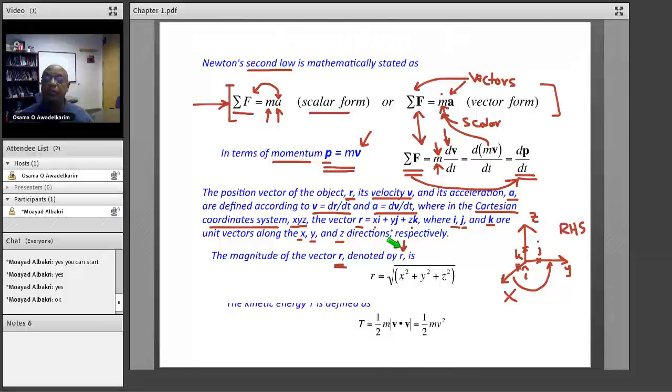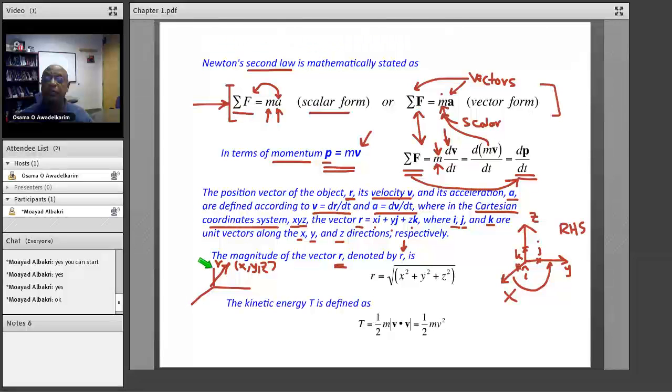So this length of a vector r is actually the square root of x squared plus y squared plus z squared, meaning if we have this coordinate system and we have some point here, which is a point x, y, and z, and then we have a vector from the origin to this point, and this vector is vector r.